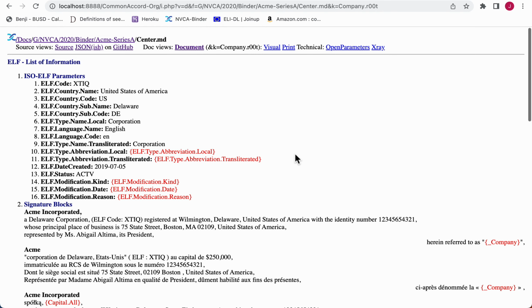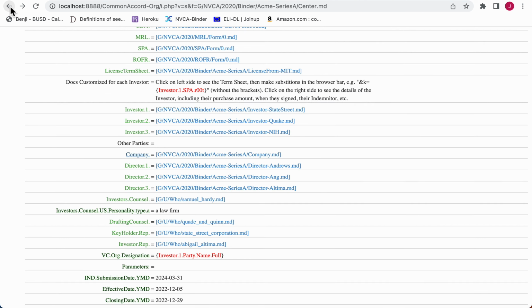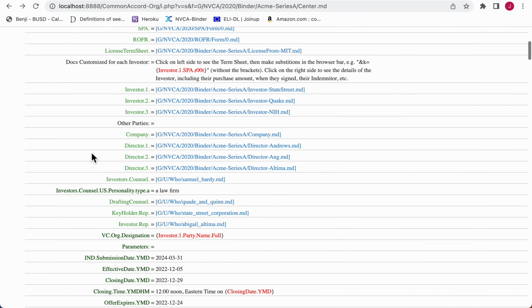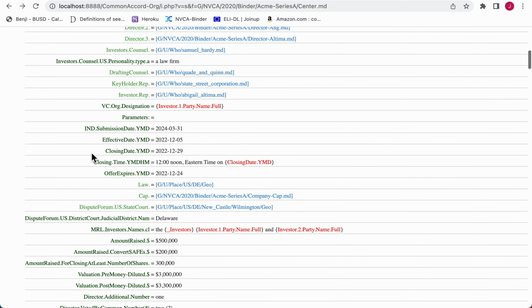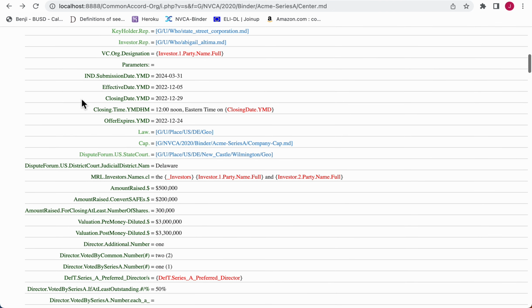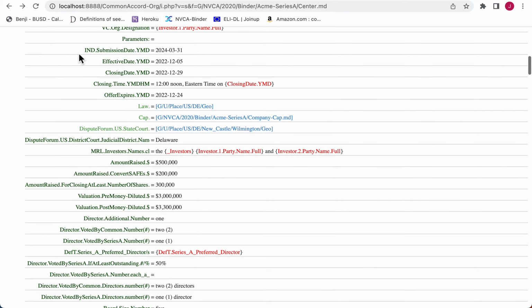So the company, hypothetically, is a U.S. corporation, and we're using standard codes here from ISO, which would allow a machine to draw lots of conclusions about what this company can and can't do, must do, what are formal procedures, etc. And then after lots of information about persons involved, we have lots of information about the transaction itself, okay, like this.